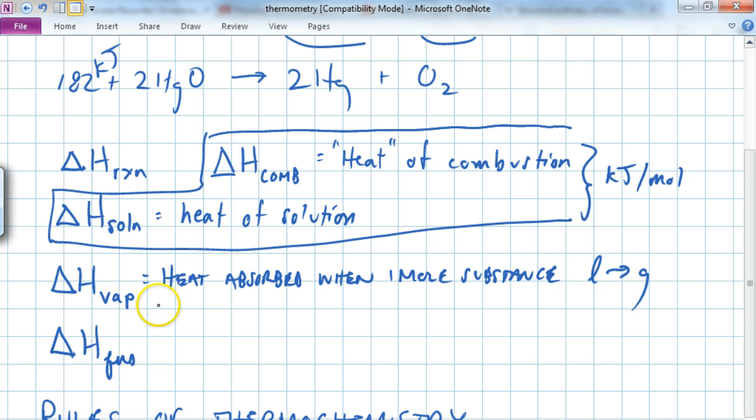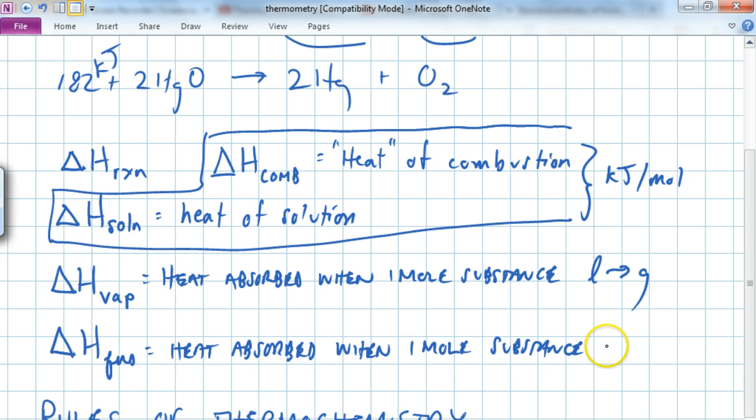That's vaporization. And fusion is the heat absorbed when 1 mole of a substance goes from a solid to a liquid.